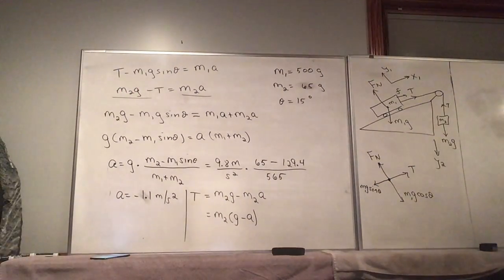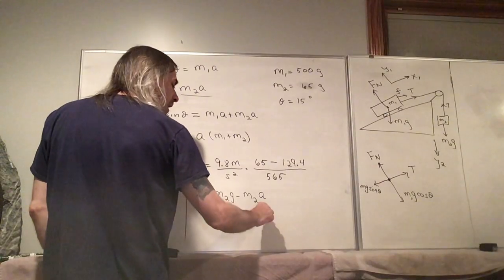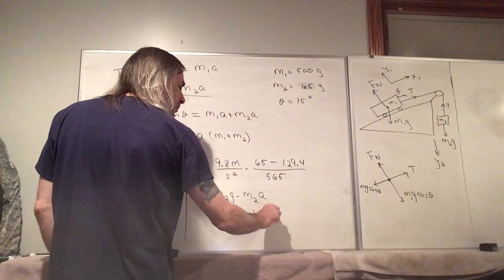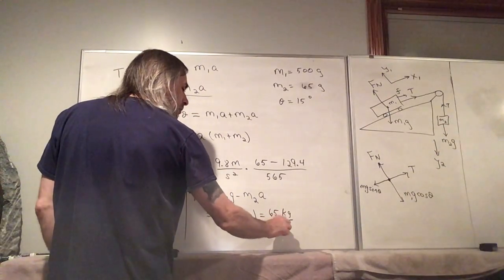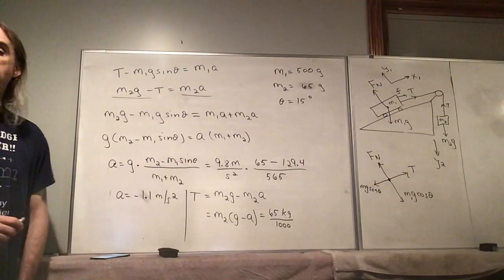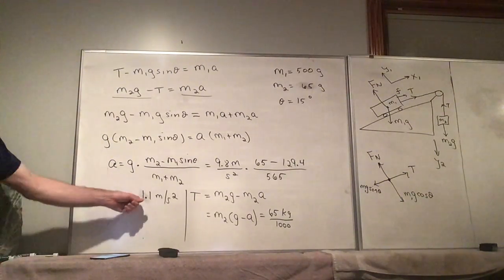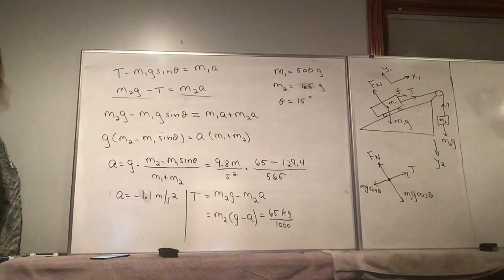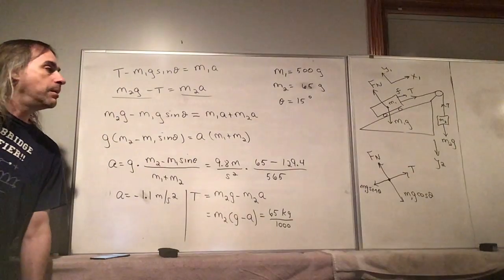And then we can plug in our numbers. We have 65 grams. In this case, I want to convert to kilograms. So when we're converting from grams to kilograms, we divide by 1,000. And we know the acceleration. Now the question is, do we want to plug a minus sign in or not? So let's think about that.